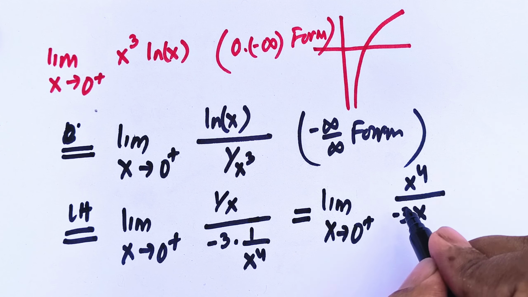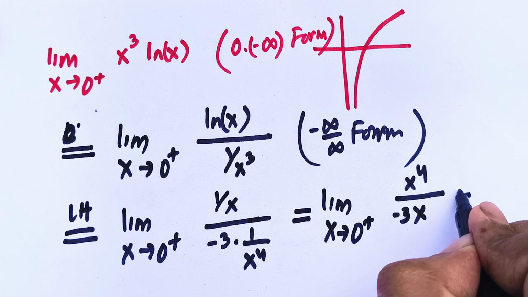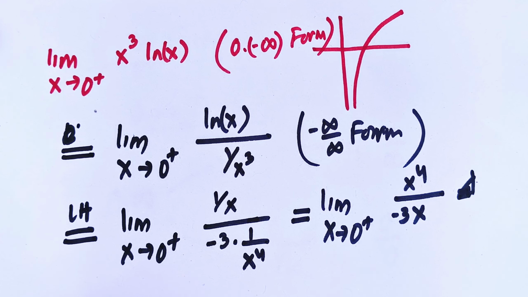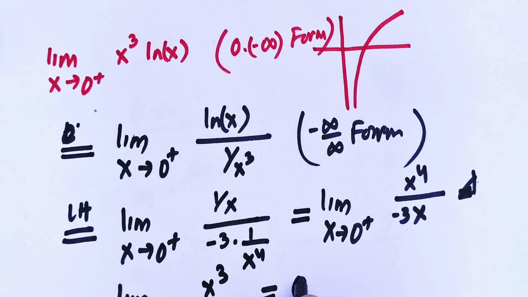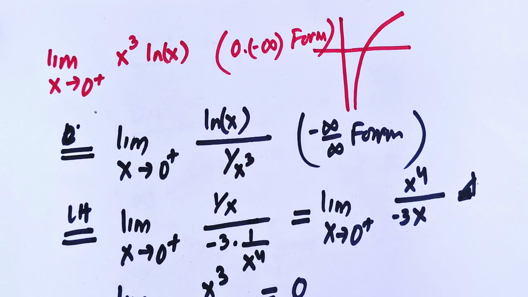So this is x cube over minus 3. This is limit x tends to 0 plus, x cube over minus 3. Now put x as 0, so you have 0. This is our limit.